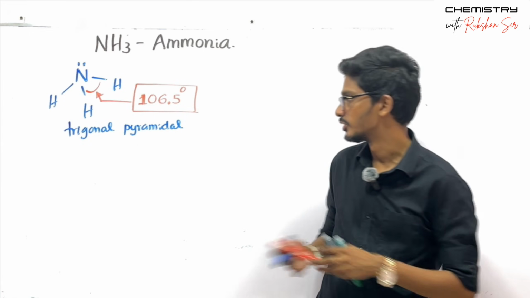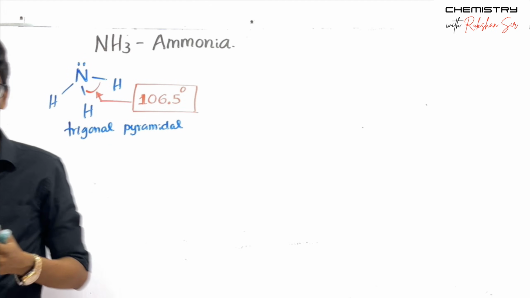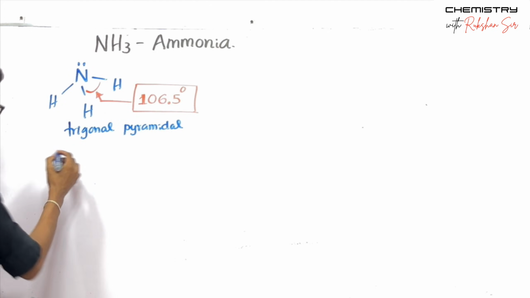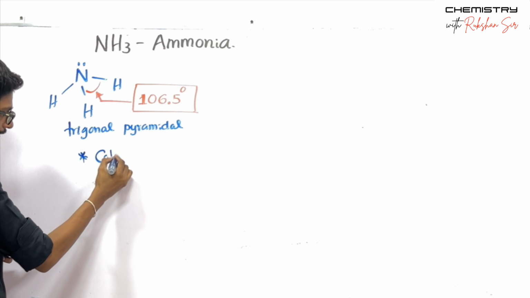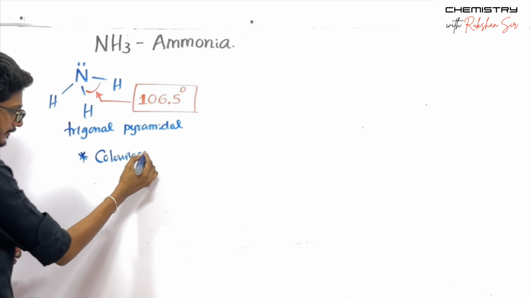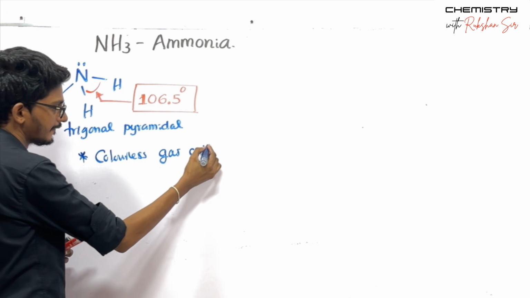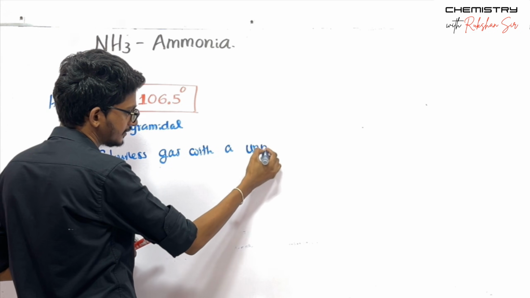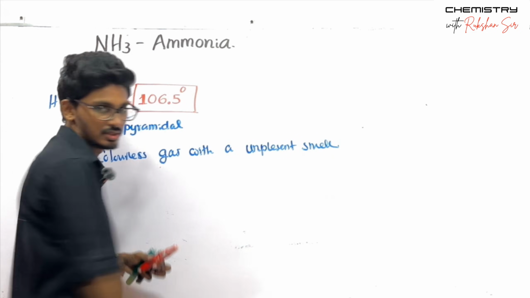Okay, what else should we know? Ammonia is a gas at room conditions. It is a colorless gas with an unpleasant smell, a pungent odor, right?